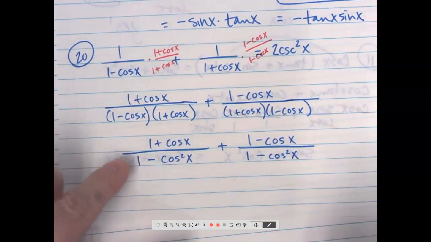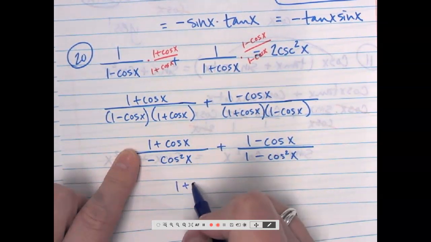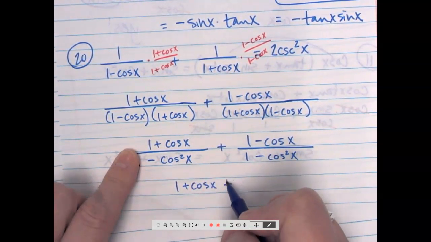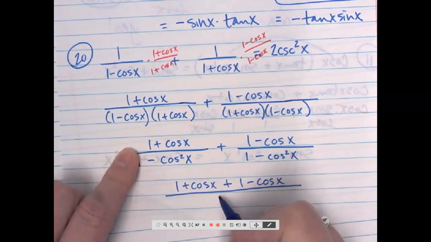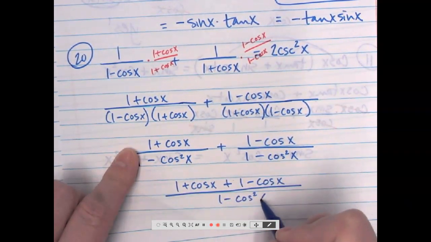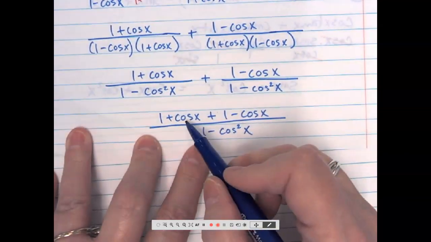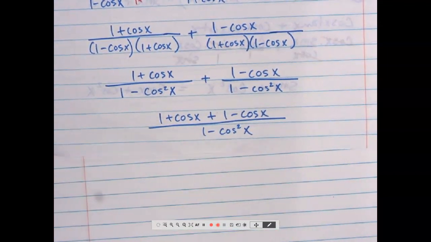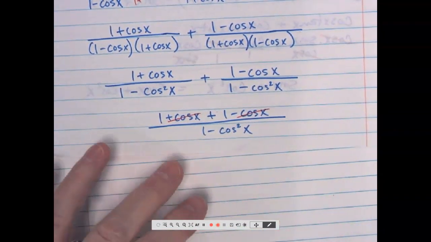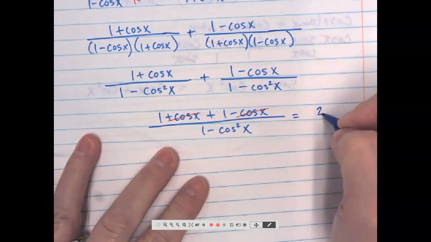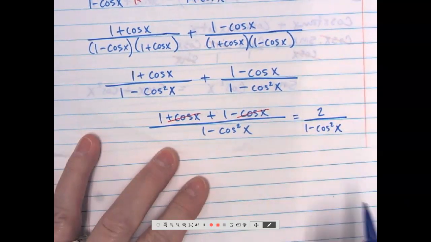So let's go ahead and add up the numerators. 1 plus cosine x plus 1 minus cosine x all over the denominator. Well, cosine and negative cosine, those add up to be 0. So that's 2 over 1 minus cosine squared.